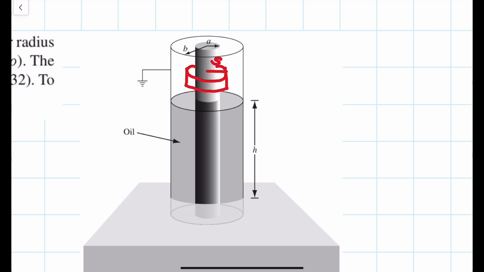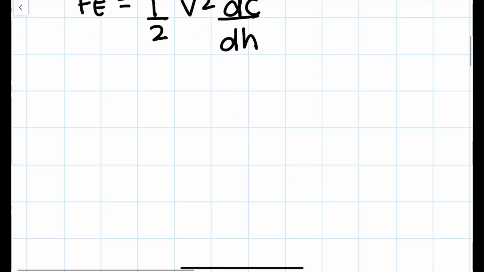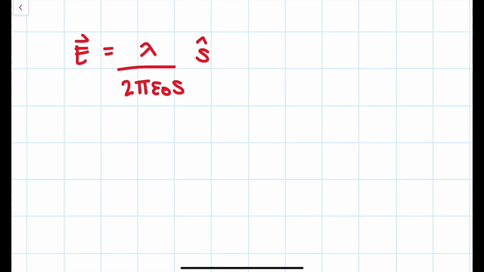I have solved for this in the past, and I could refer you to the video from problem 2.22 for more specifics about how to find this electric field, so I will just write it down. To find the potential, we can use the negative path integral.